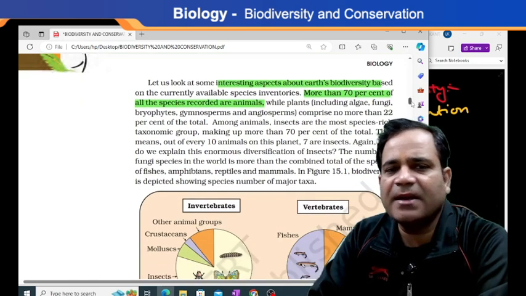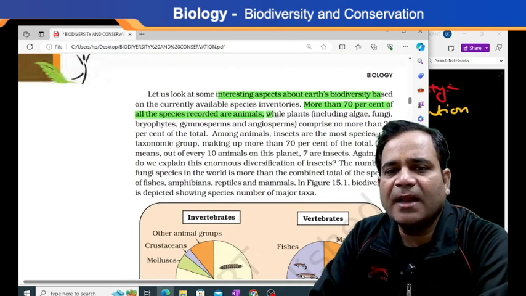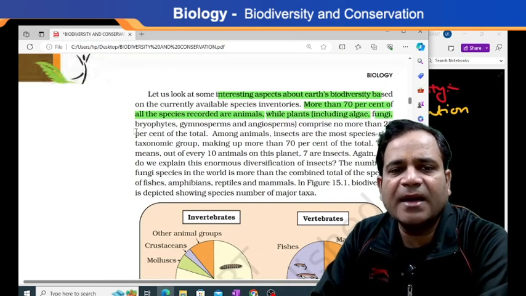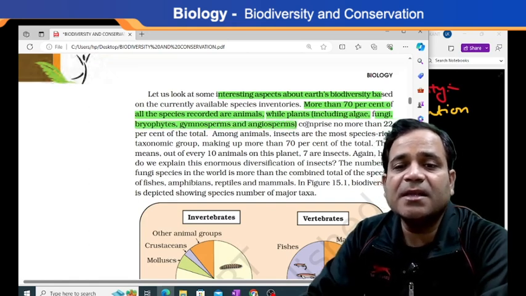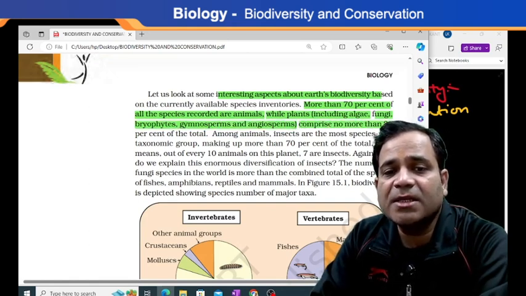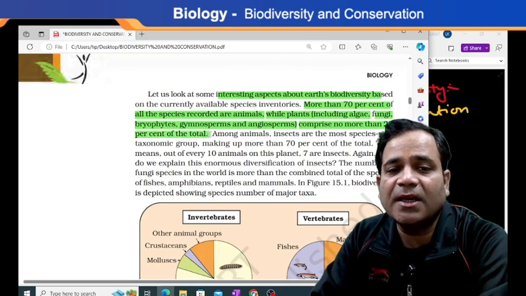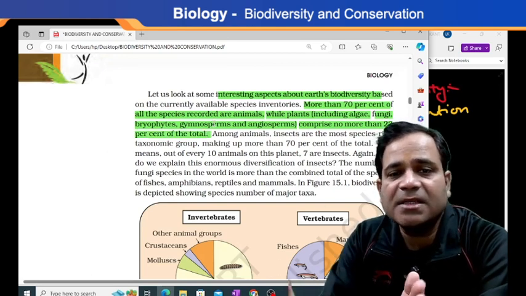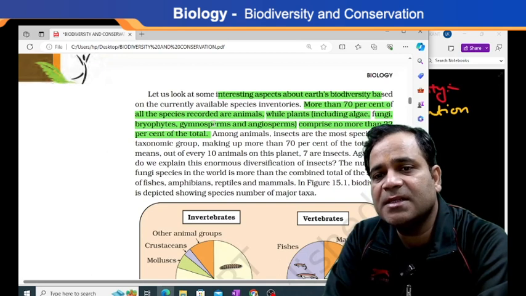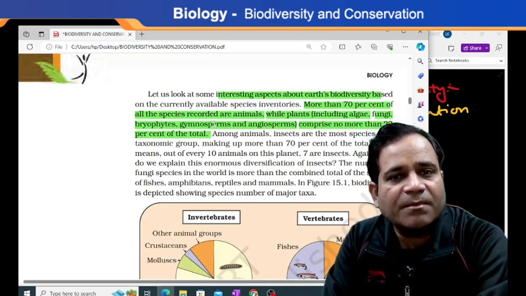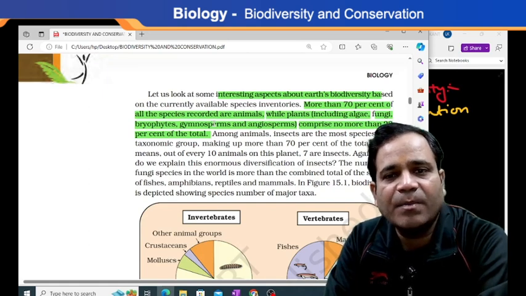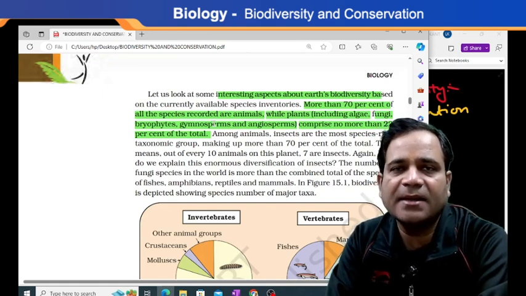While plants, including algae, fungi, bryophytes, gymnosperms, angiosperms, comprise no more than 22% of the total. So 70% of the species recorded are animals, and 22% are only the plants. Getting this thing?